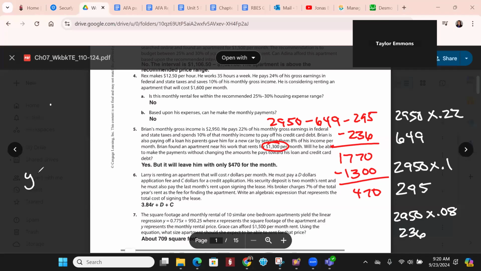Okay, so if Y is the monthly rental price, and they want us to find X, which is the square footage, all we're going to do is take $1,500 and set it equal to our equation and look at where X crosses the X-axis. That's it. When you do it, you're going to get 709 square feet.